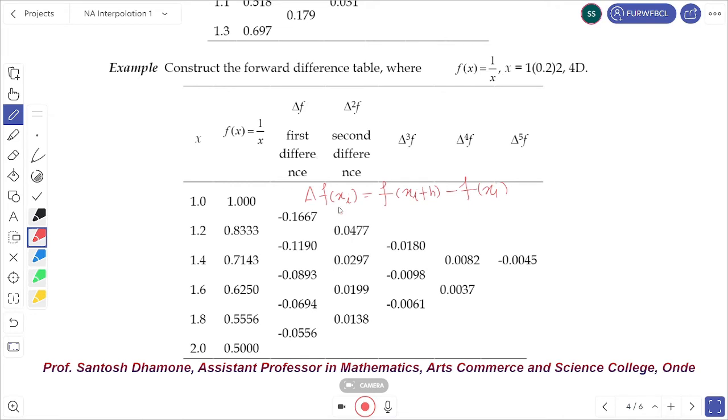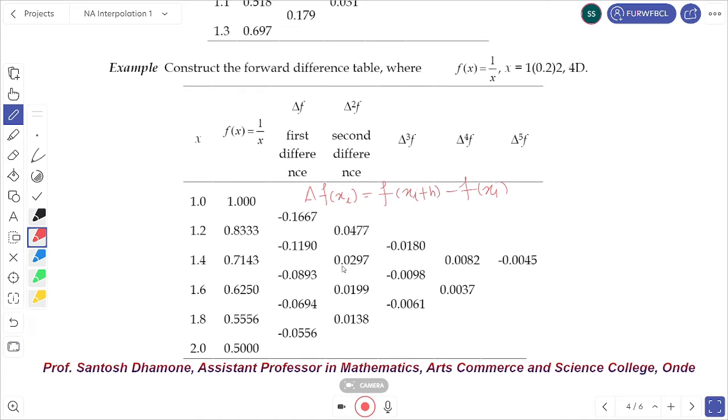The second difference is calculated by using this formula. Subtract minus 0.1667 from minus 0.1190 and we get 0.0477.